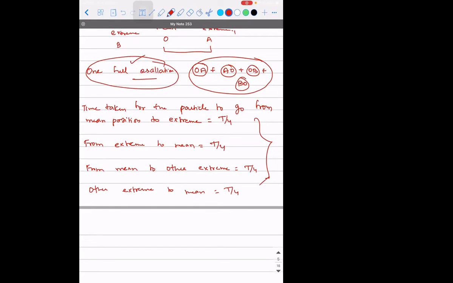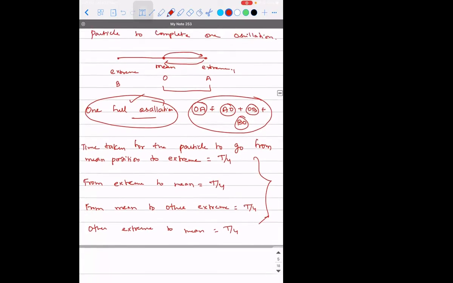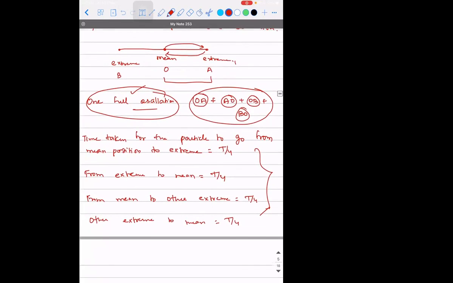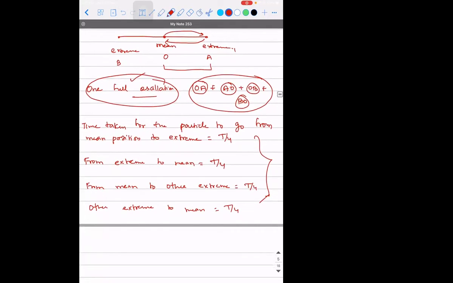Because the problems will have these kinds of terms. The time taken by the particle to complete one oscillation, or they will say 3/4 of the oscillation. So you need clarity. Suppose I ask, how much is the time taken for the particle to complete 3/4 of the oscillation? 3T by 4. How much for half an oscillation?